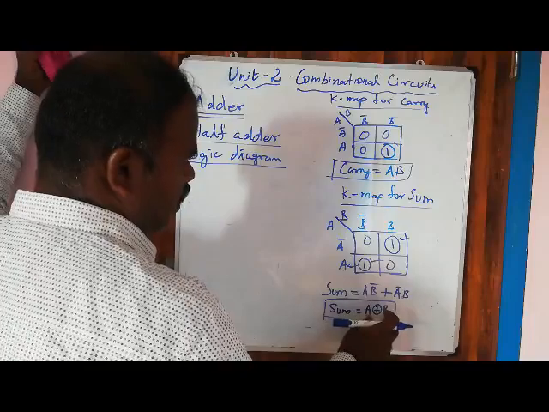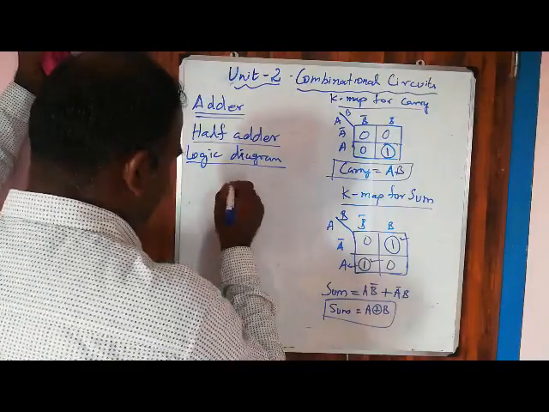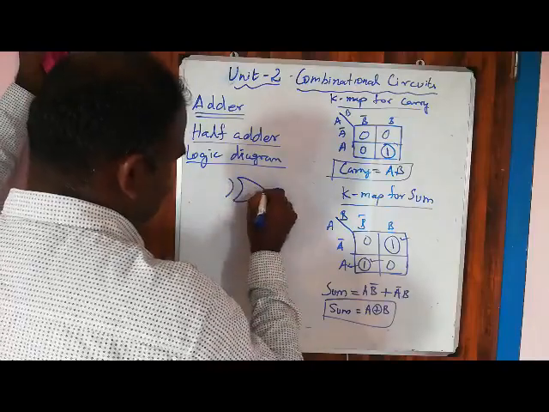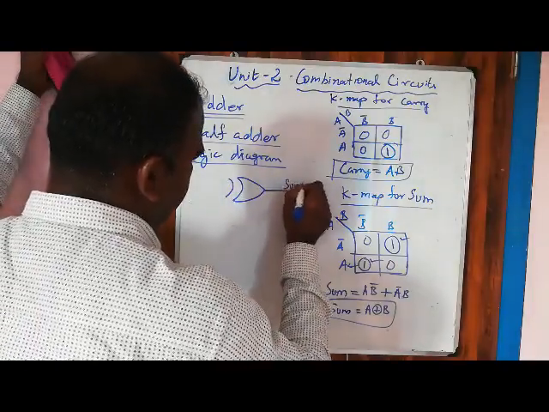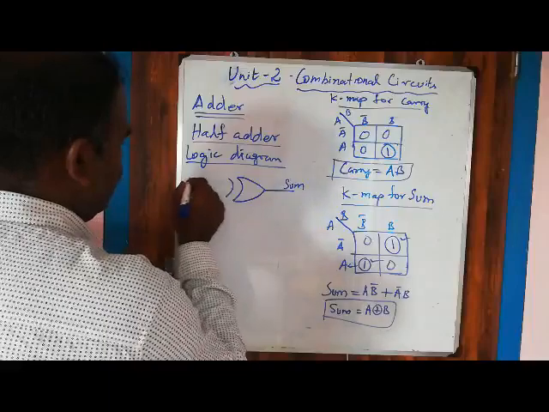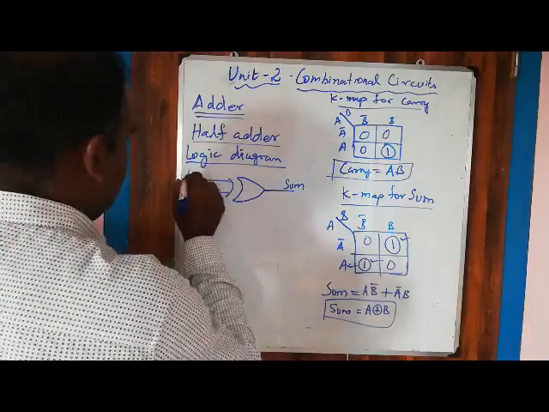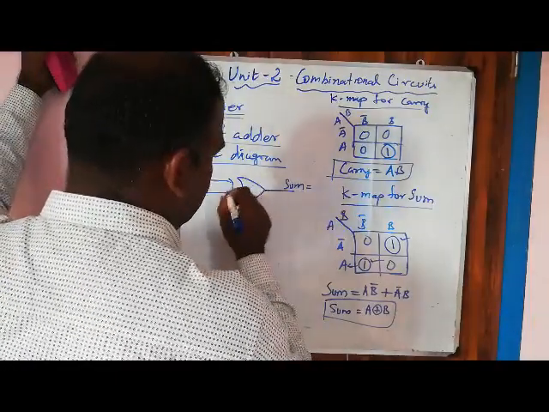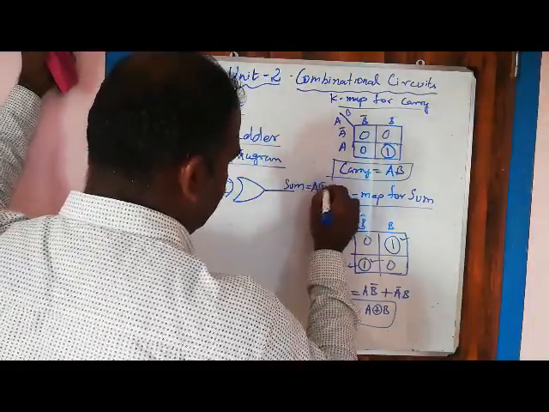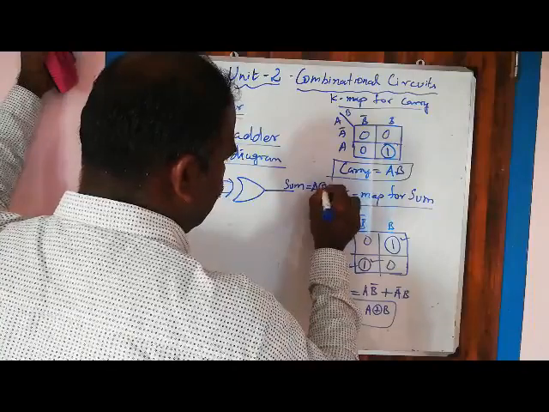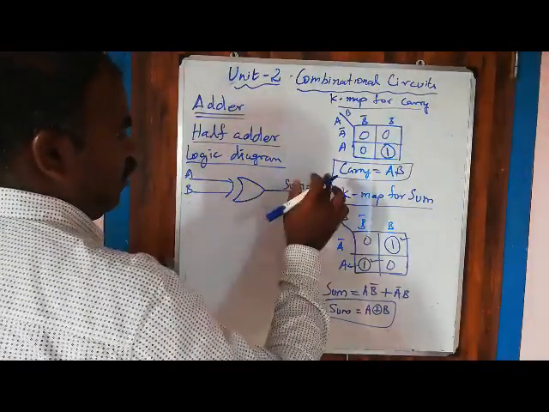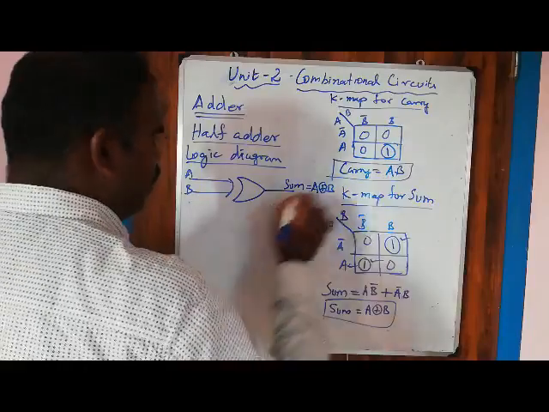For sum, an XOR gate is used. Okay, we put the XOR symbol. This is sum. So two inputs, that is A, B. So what is the sum? That is A XOR B. This is called the XOR symbol. Similarly, next carry. For carry, an AND gate is used.